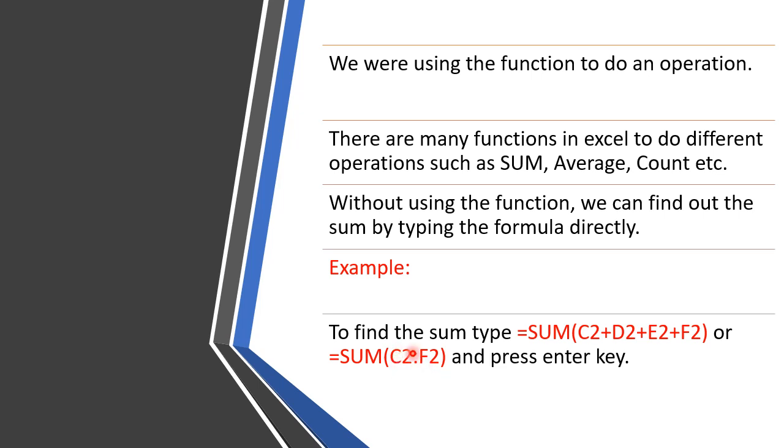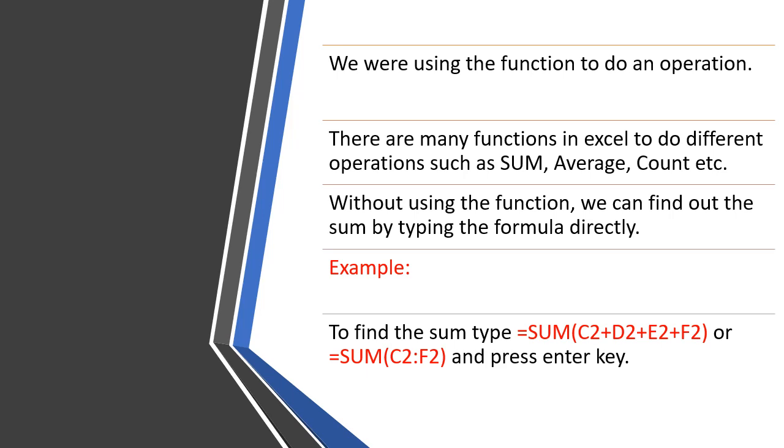Here C2 is the cell address of the first number, F2 the cell address of the last number. It means we have to add the numbers from C2 to F2. And finally press enter key so that we will get the result. Okay, so we can find the sum just by typing the formula directly.